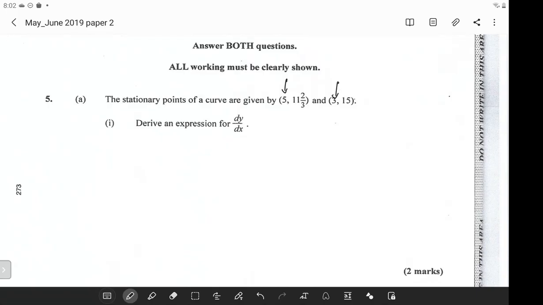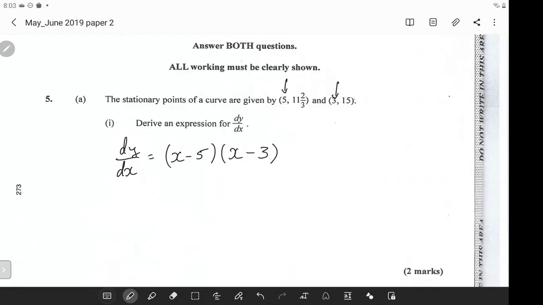So we have dy dx equal to, we could use factorization, because that's where we have it equal to 0, x minus 5 times x minus 3. If we substitute x equal 5 there, we get 0.